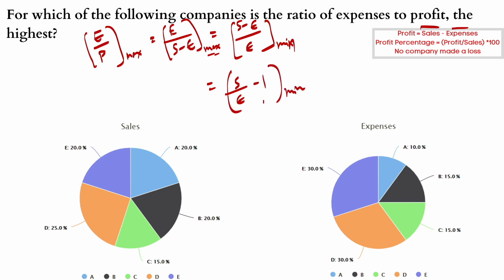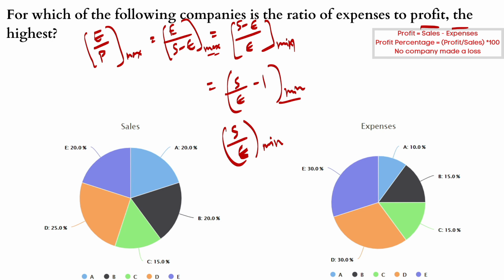This minus 1 is common for all the companies, so S by E must be minimized, because 1 is constant for all the companies. So no need to calculate that.